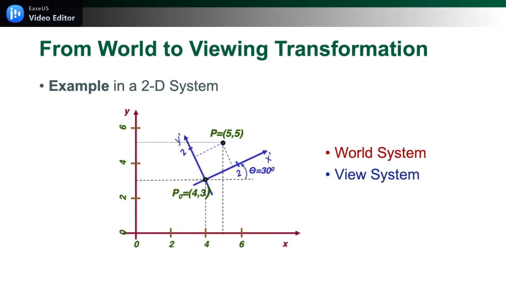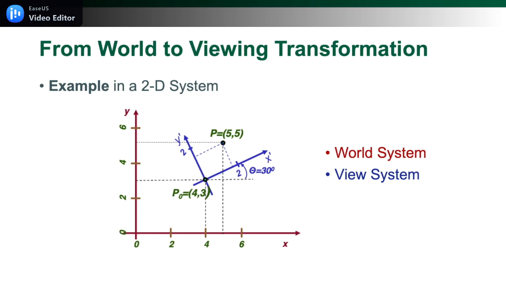As you can see, the origin of blue in terms of the world coordinate system is at 4, 3. That's also called P0. And then the point P, the point at 5, 5 in terms of the world coordinate system, in terms of the viewing coordinate system is somewhere around 1.8, 1.75.